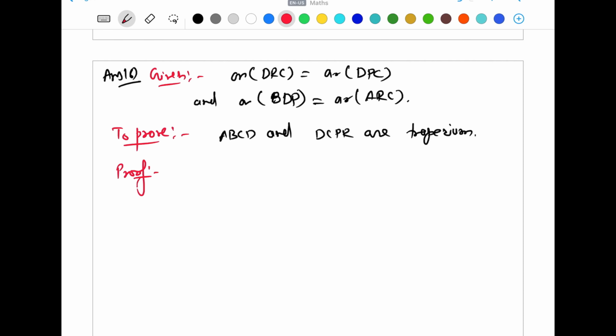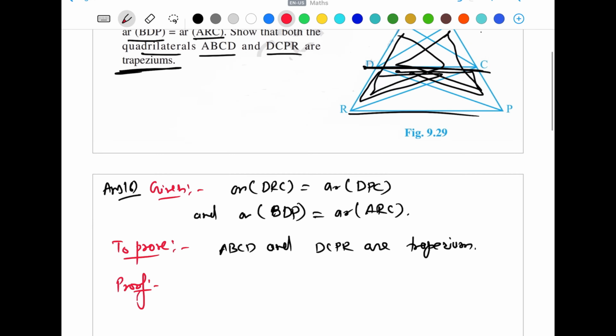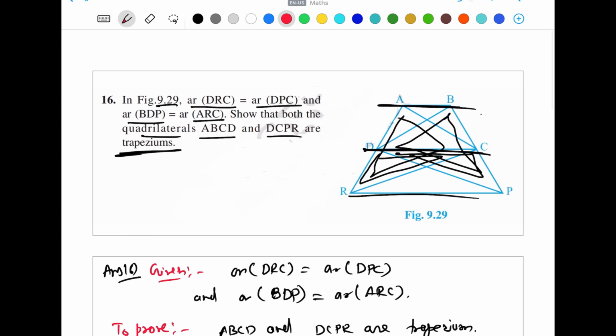What we are going to do first is, since the areas of these two triangles are equal, and they are on the same base DC, they must be lying between the same parallels, DC parallel to RP. Okay, so let's write.